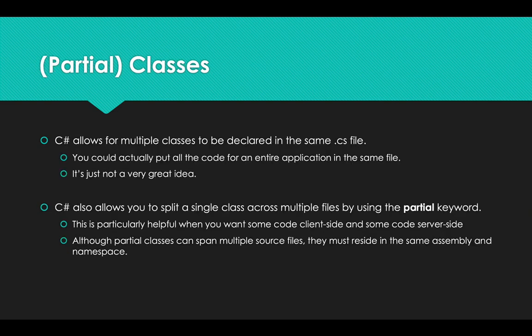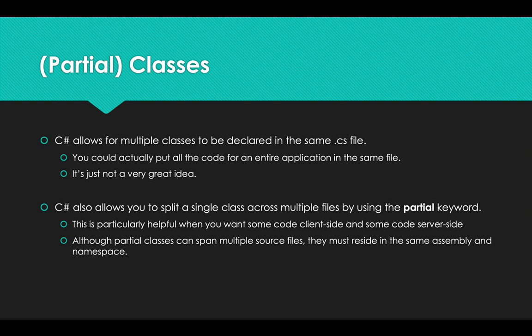One of the more interesting encapsulation features that C# supports are called partial classes. I am not aware that Java has an equivalent to partial classes. I could totally be wrong, but basically you can think about it like this. C# certainly allows you to have multiple classes declared in the same .cs file.